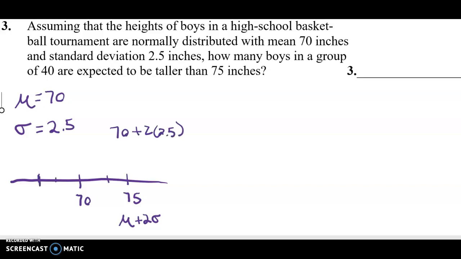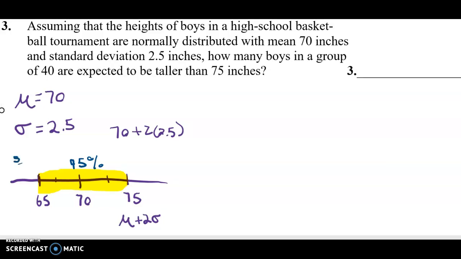And we know that two standard deviations above and below our mean, that range, accounts for 95% of our data. So the middle 95% of our data is in this yellow area. So that means the other 5% of the data is split up on the two ends.